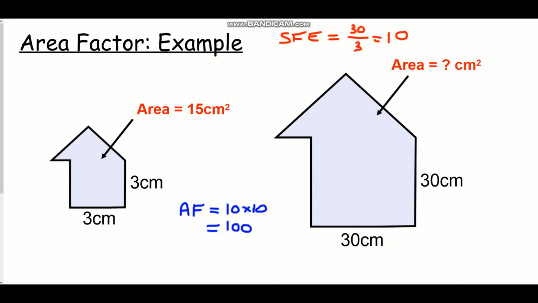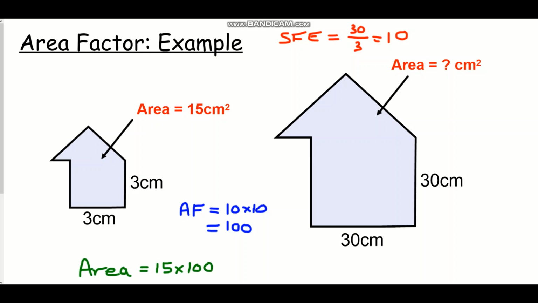So our last little bit here is to write down area. This is the area of the bigger shape that I'm trying to find. Area is going to be equal to 15, which is the area of the smaller shape, multiplied by our area factor, which is 100.